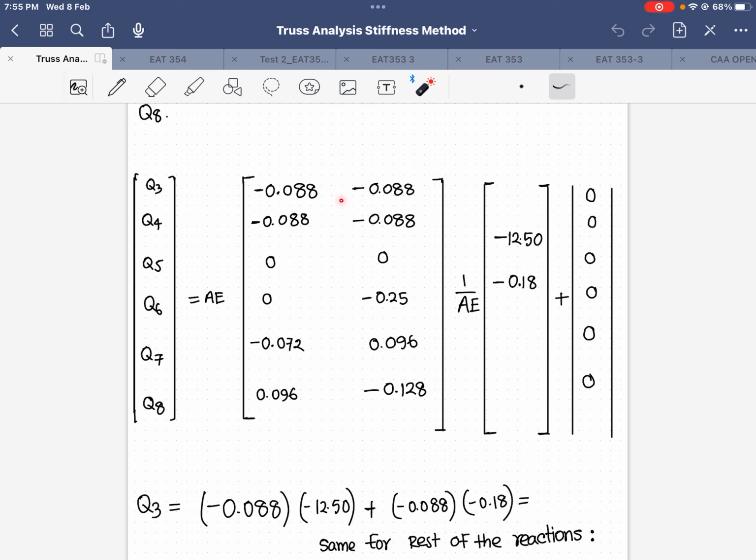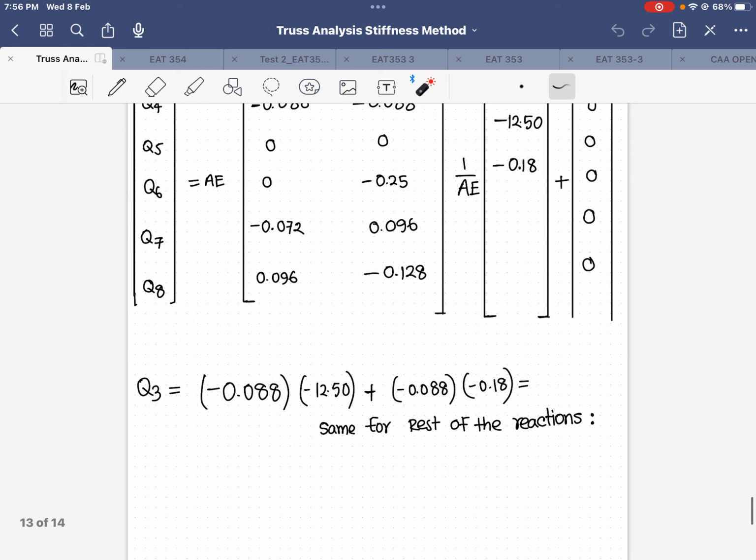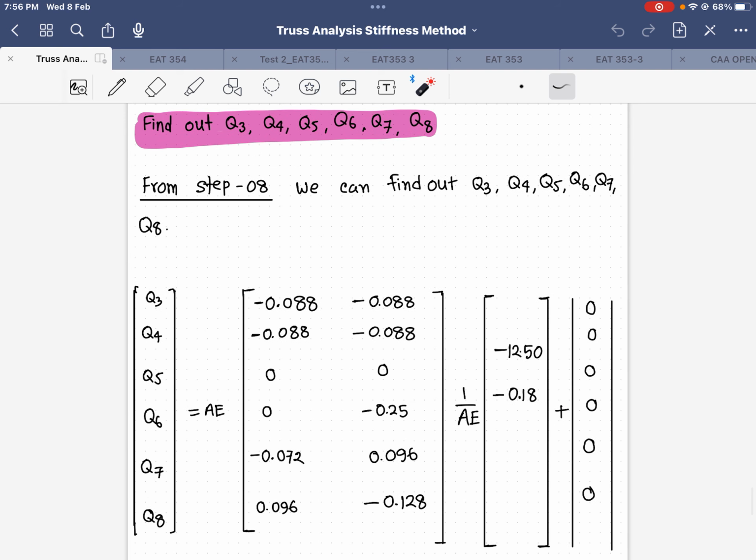For the second one, the second column value is 0.088, and I multiply it with the second value, negative 0.18. If I plus 0, I will get the reactions for q3, q4, q5, q6, q7 and q8. We can just follow the same way.